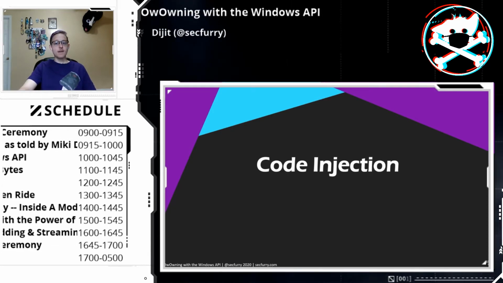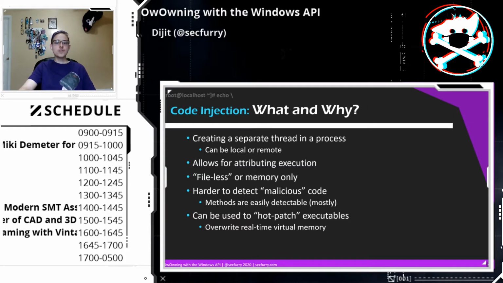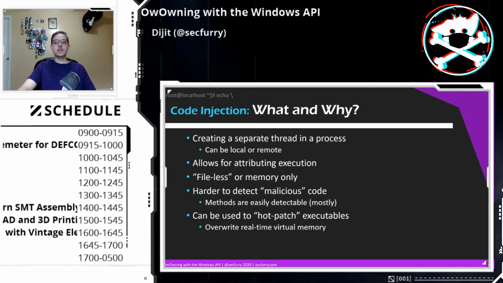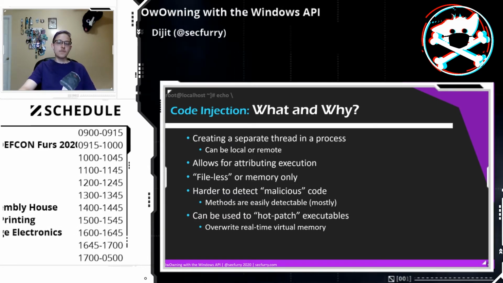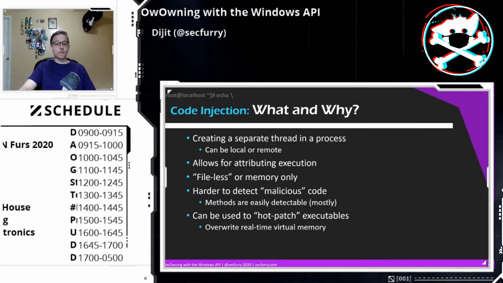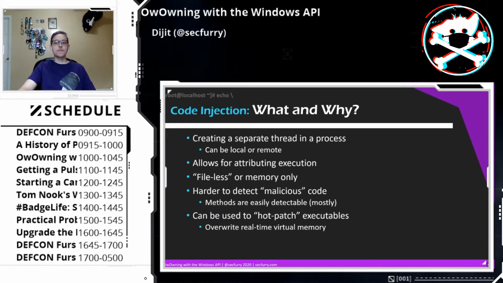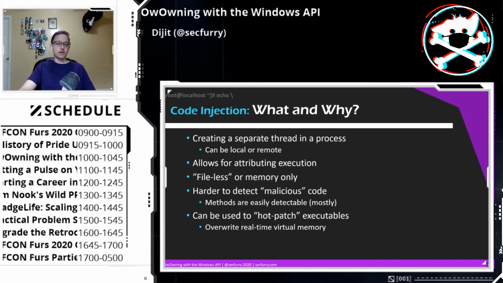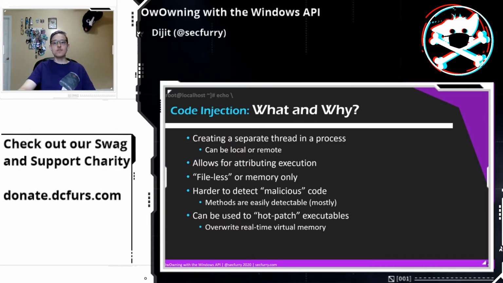So now that we've got that, let's jump into our second technique, code injection. For some background, code injection refers to allocating shellcode in a process's memory. This could be local, meaning our own memory, or remote, which is another process's memory that is not ours. Once this memory is allocated and written to, the memory region that we wrote to can then be executed using a thread function.